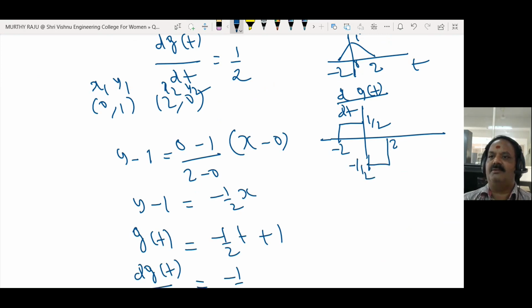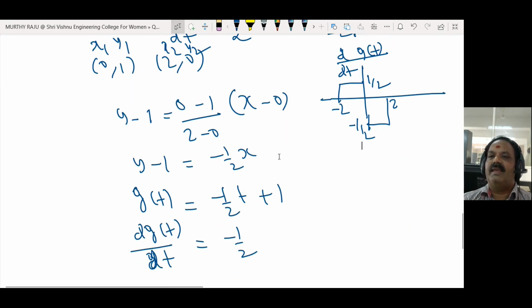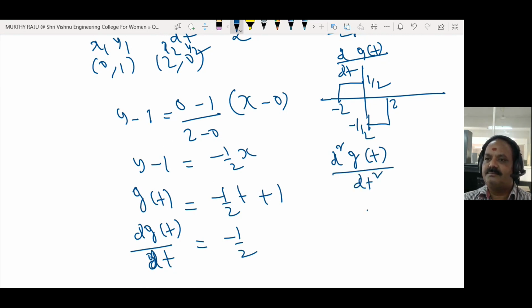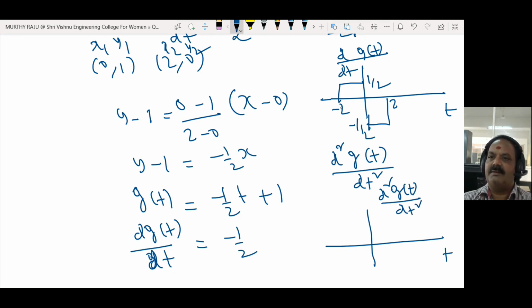Again, perform d square g of t by dt square. This one is the time axis. D square g of t by dt square: here it is a rising function.